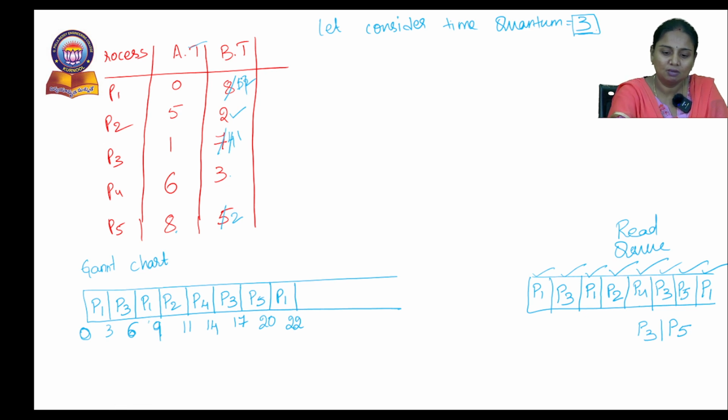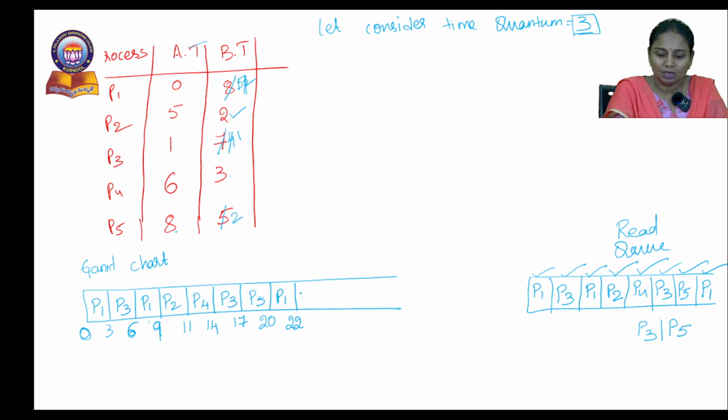Now P1 completes its utilization, so P1 will be terminated completely. After this last utilization, P1 will not come back into the ready queue. Why? Because it has completed all its burst time.